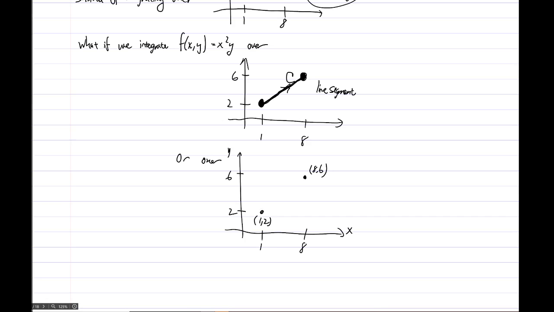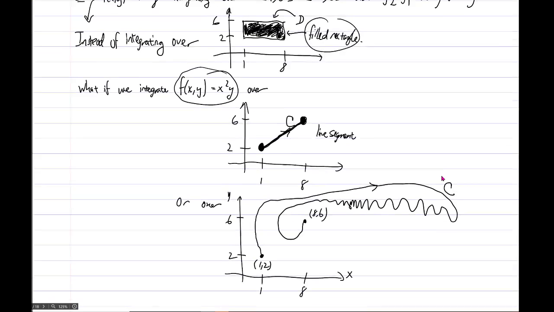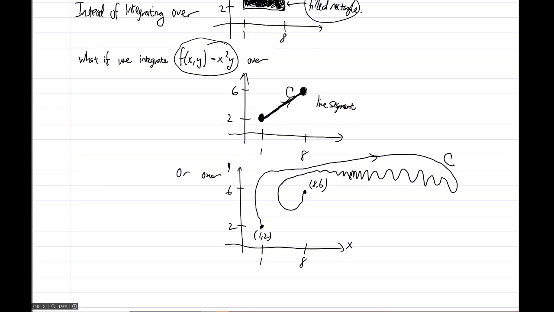But what if we created some kind of integral that did this, and we're going to travel along this curve called C. So what we're trying to do is expand a little bit where integration applies, and we want to talk about integrating this function no longer just over this, but over this curve. So this is what's going to be called a line integral. The name is a little unfortunate. We haven't set it up yet. It's going to come later.